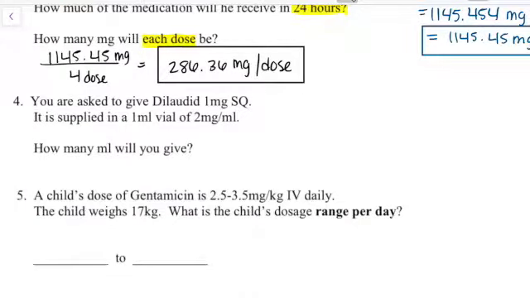Okay, number 4, you're asked to give Dilaudid 1 milligram sub-Q. It is supplied in a 1 ml vial of 2 milligrams per ml. How many mLs will you give? So our answer is in mLs. The order is 1 milligram per dose.